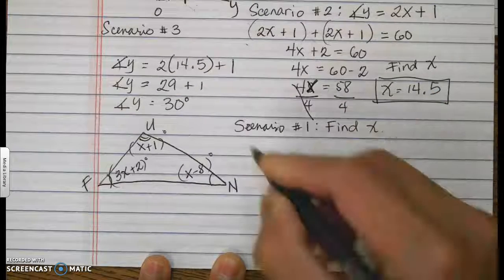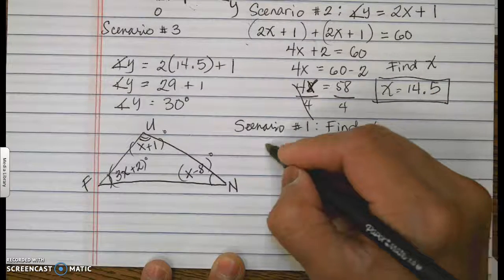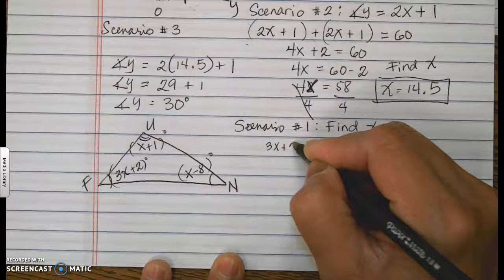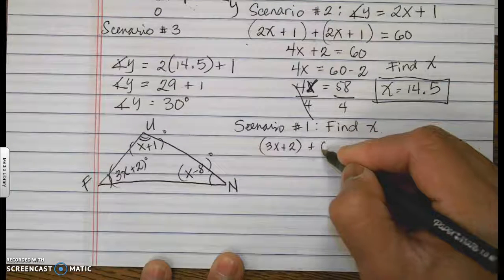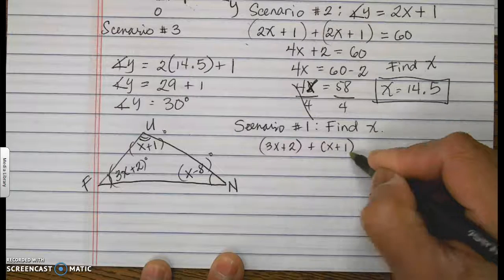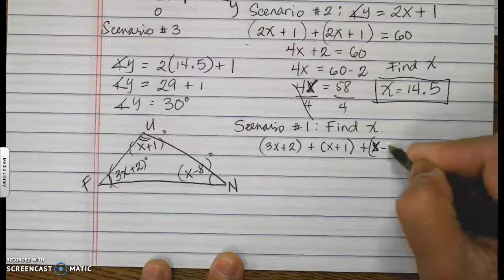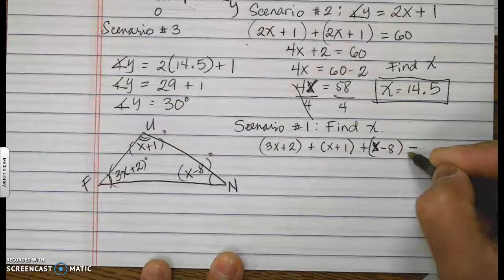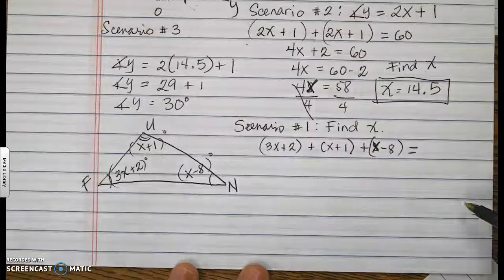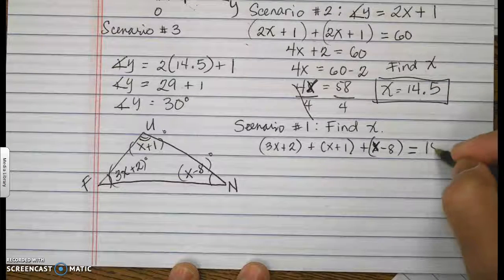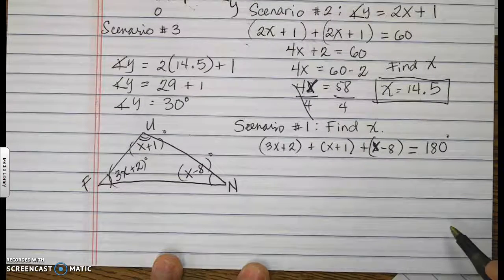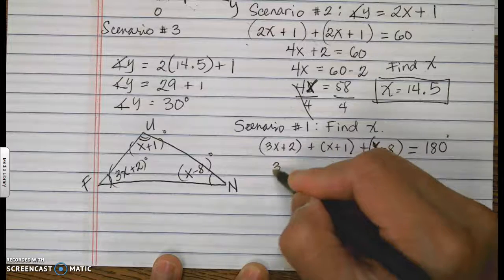The way to do this is you're going to add them all up. So you're going to have 3x plus 2 plus x plus 1 plus x minus 8, and equate them to 180 degrees.